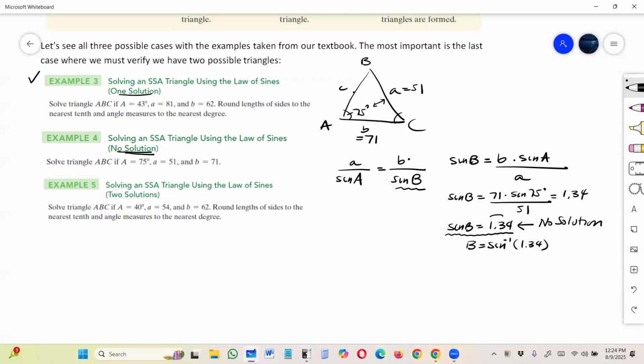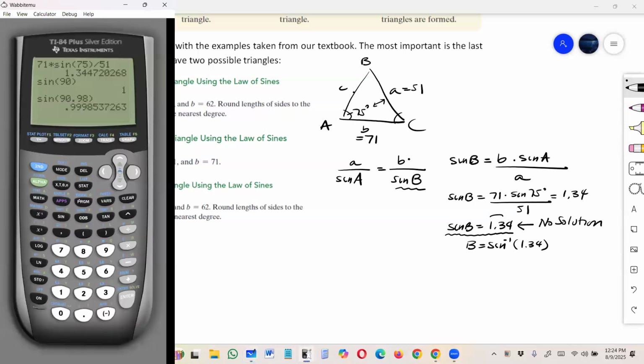If you got this already, that means there's no solution. And you could go to the calculator and do the sine inverse, second inverse, 1.34, and see what the calculator says. So, domain error. We cannot go beyond 1.